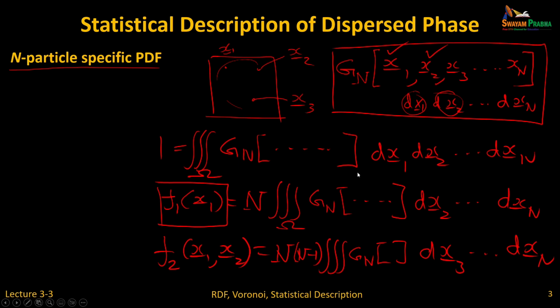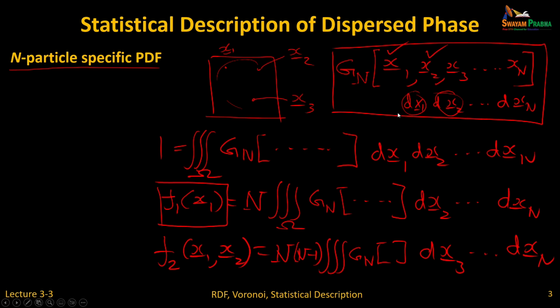Since it's a probability, the integral of this quantity is by definition 1. From here you can calculate the probability of all the n being in one corner, or all the n being uniformly distributed. All that information is in this quantity.